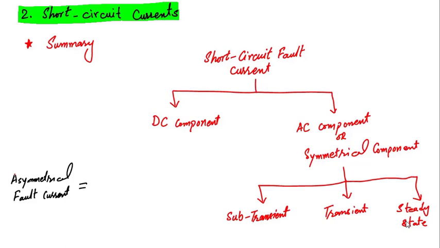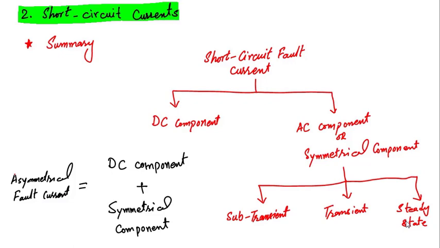Now asymmetrical fault current is the DC component plus the symmetrical component. The actual fault current is known as the asymmetrical fault current. There is asymmetry because the current has been offset in one direction, either positive or negative. The symmetrical component further has three parts: sub-transient, transient and steady state. By the time of steady state, the DC component will have decayed to zero, so during steady state we have only the AC component.